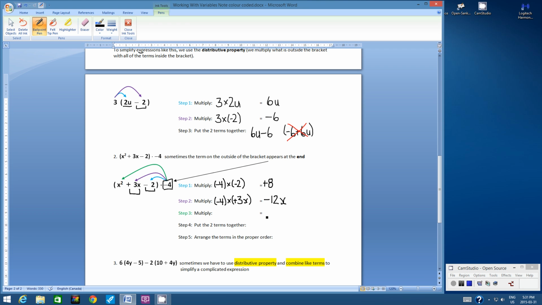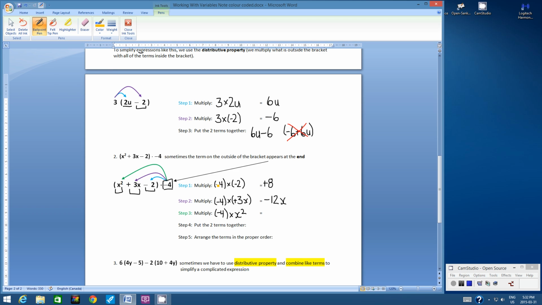Okay so far? All right, step 3 in this case, because there are 3 terms inside the bracket. We multiply the -4, we follow this green arrow, and we multiply it by the last term, which is x squared. So we have -4 times x squared. I just want to highlight something here.